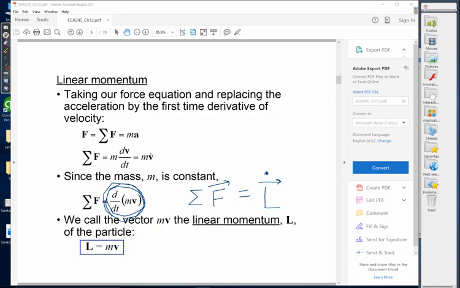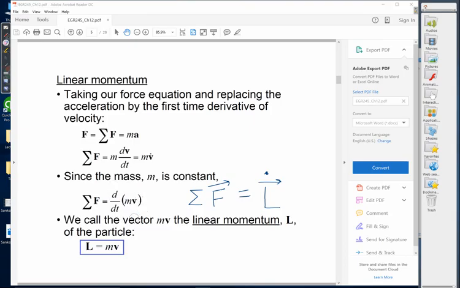So linear momentum by itself is a measure, if you will, of the tendency for an object to just keep moving in the direction it's moving in, or a measure of how difficult it is to stop that object once it's moving at that velocity. Okay, so that's linear momentum, and we're not going to do too much with this yet.